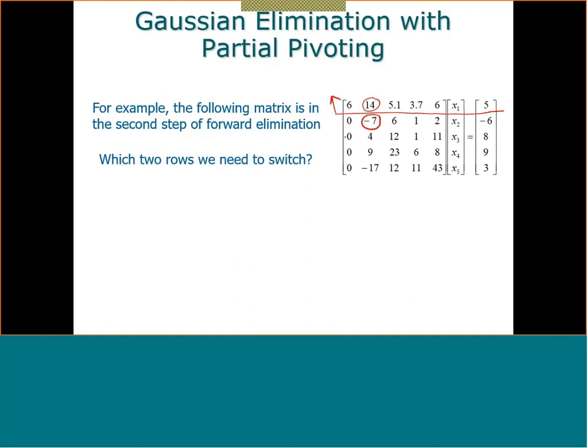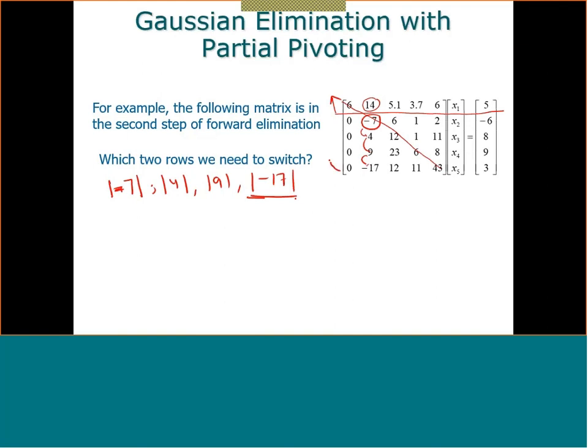I will compare -7 to 4, to 9, and to -17. Obviously, the largest number is this. So I swap this row here and this row there. Now this is my matrix.